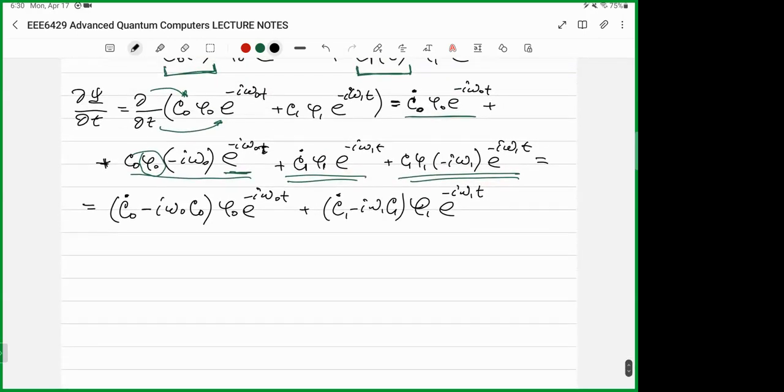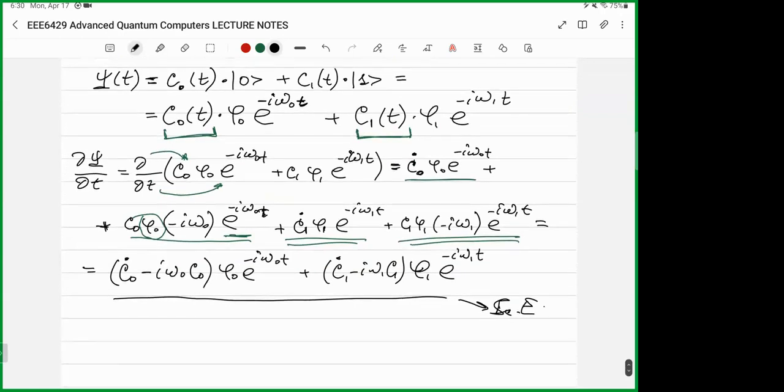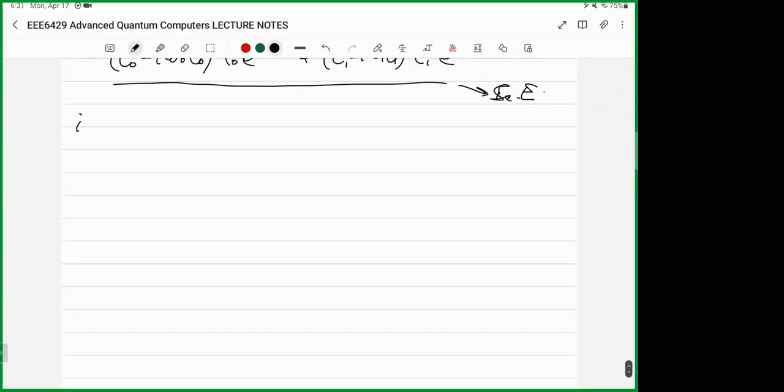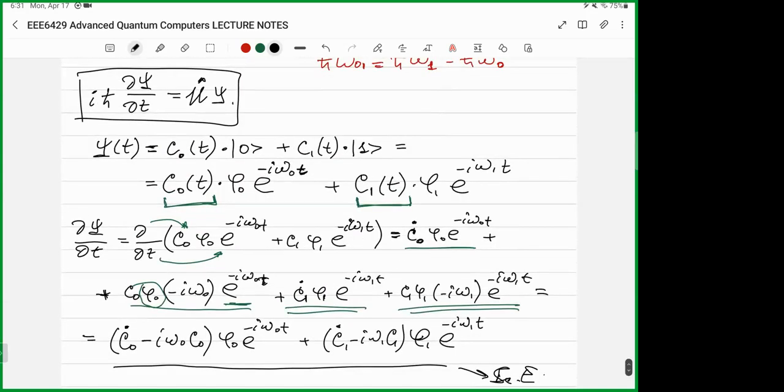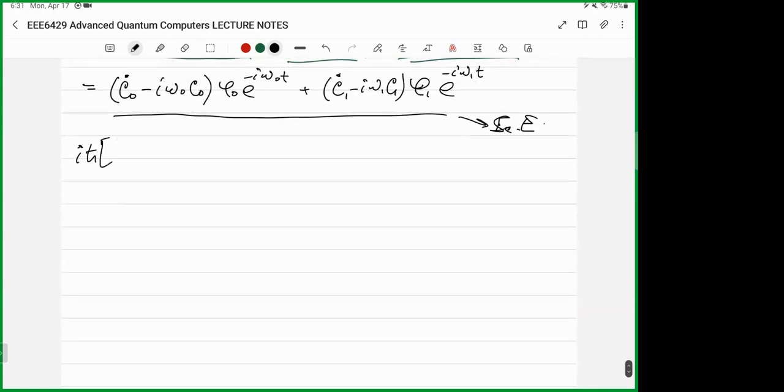So now we can plug this into the Schrödinger equation. What do we get? We get i h bar, right, this term prefactor here, then the time derivative of the psi vector that we just obtained.